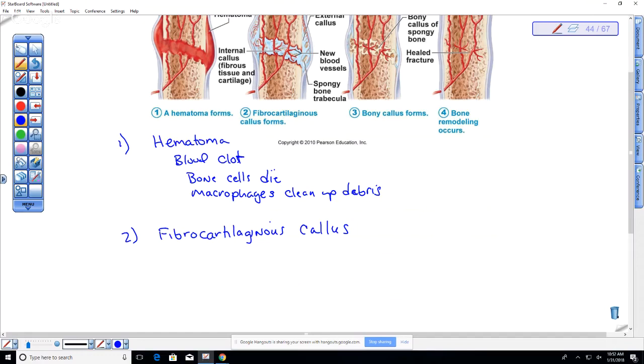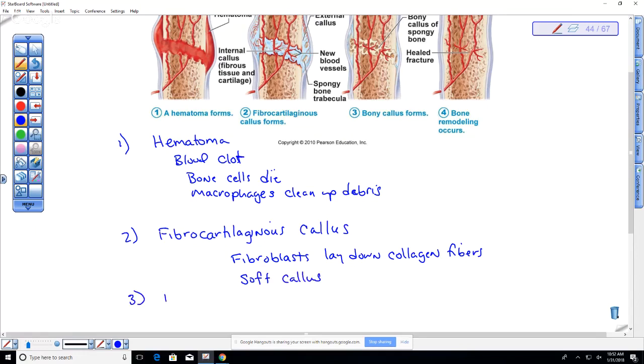And so this is where we get fibroblasts laying down collagen fibers. And then this is sometimes referred to as the soft callus.